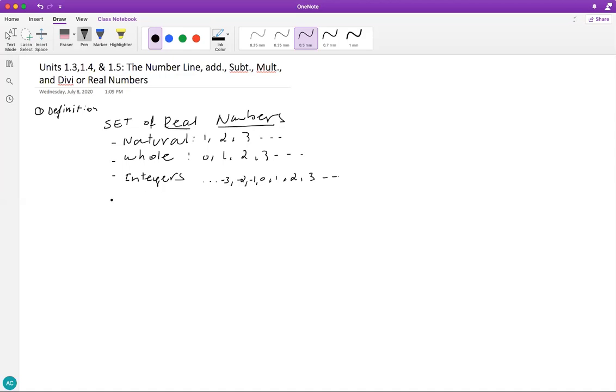Okay, so after this, we're still missing the decimals and fractions. So once we add all that to this, we're gonna get a new group called the group of rational numbers. Rational numbers.